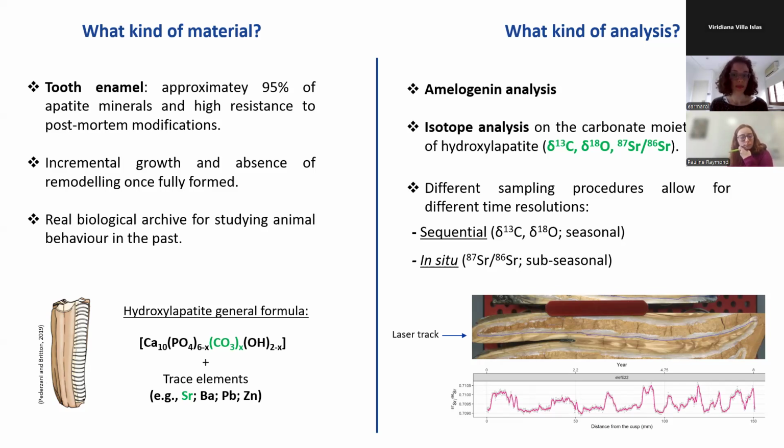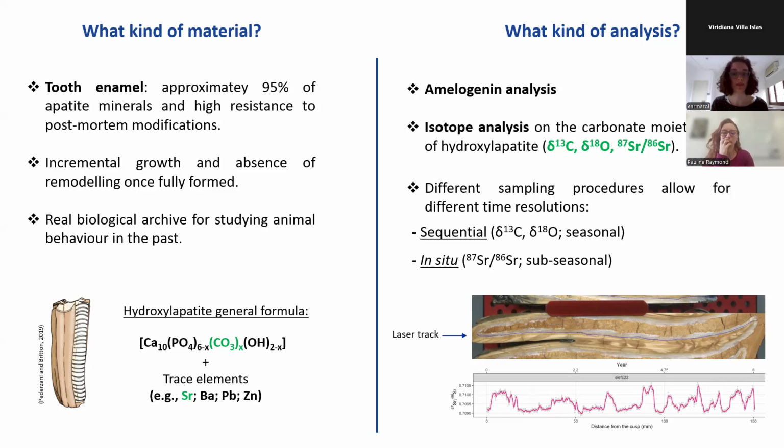To sample the tooth, different methods can be used. The first one is bulk sampling. I do not write it here, but it means simply drilling the whole surface of the tooth to obtain a mean value of the time period represented by the tooth. But in this case, we wanted to reach a higher spatial resolution.